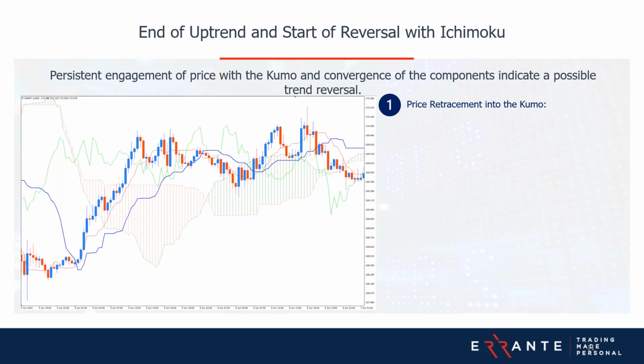So, persistent engagement of price with the Kumo and convergence of the components indicate a possible trend reversal. Here is how we can break it down. When the price retraces back into the Kumo, as we see, for example, here, it signifies that the uptrend is weakening, because the Kumo acts as a support and resistance zone, and here it acts as a support zone.